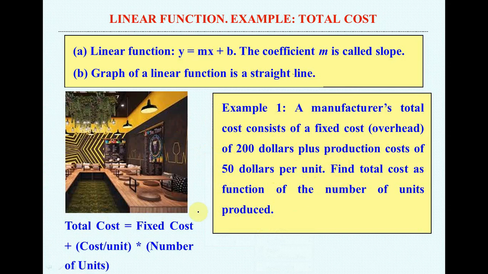So if we denote by s the number of units produced, the total cost will be the fixed cost plus the variable cost multiplied by the number of units. That means 200 plus 50s. So here you have a linear function.